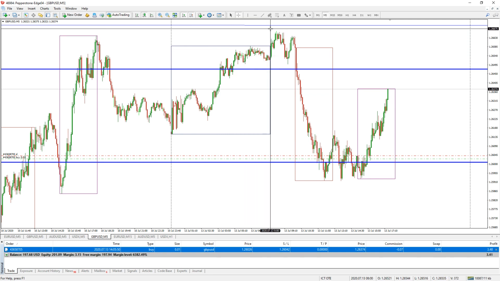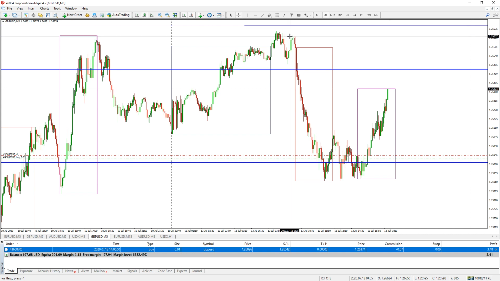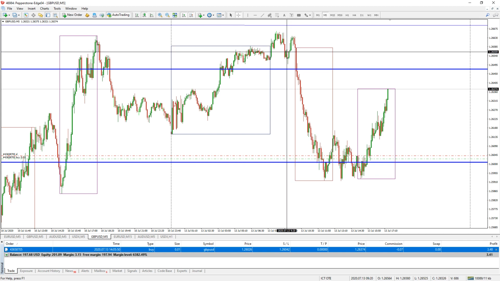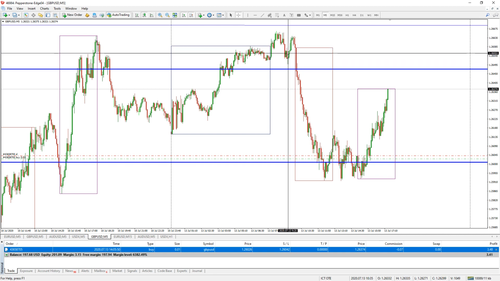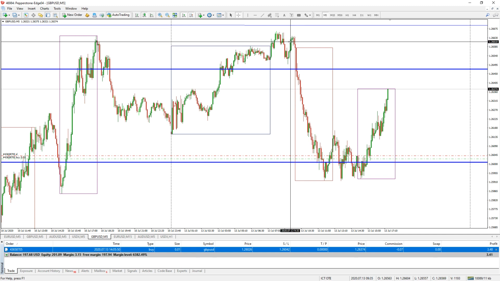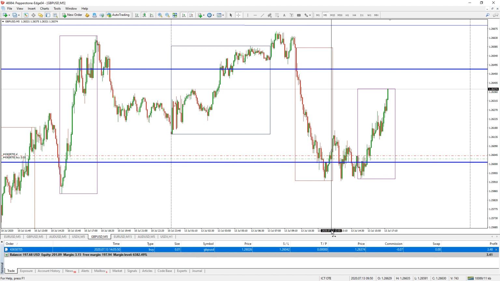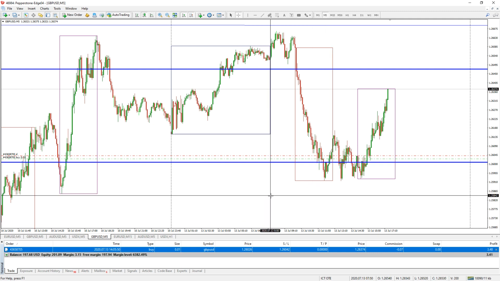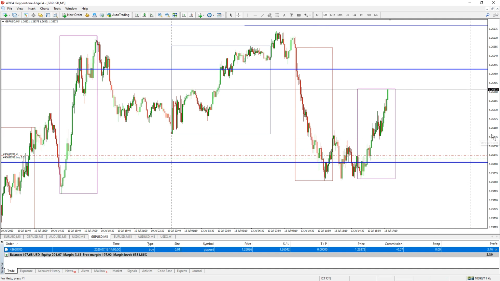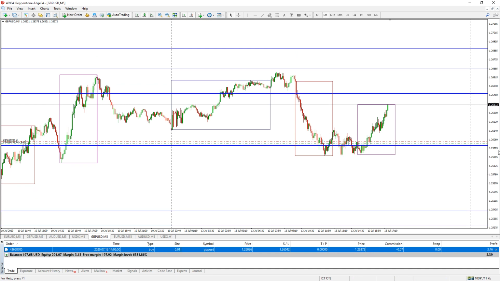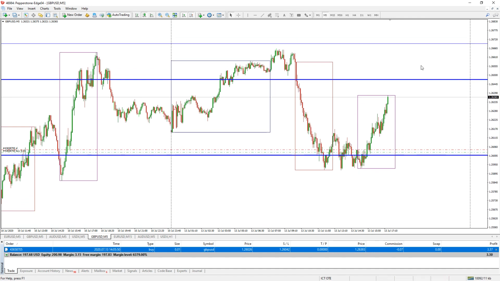If it breaks that high and comes back down, there's a high likelihood that just before or during London session, price will break down. How far it goes, nobody knows. Sometimes it closes on the low of the day, or on the liquidity at the bottom, but sometimes it just reverses up.